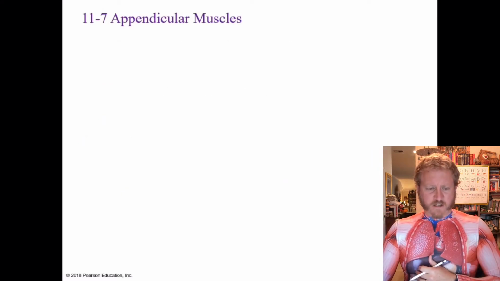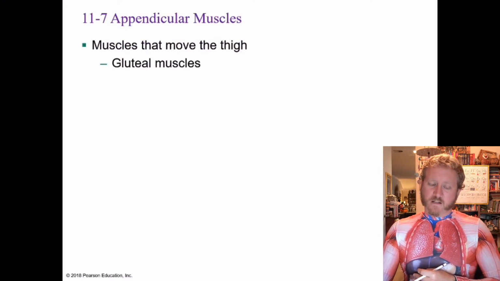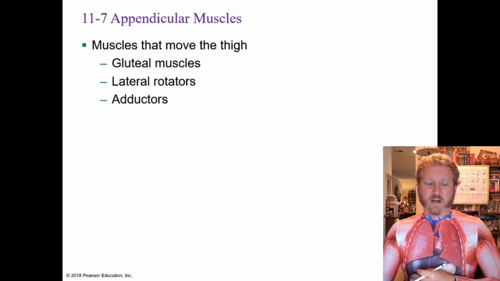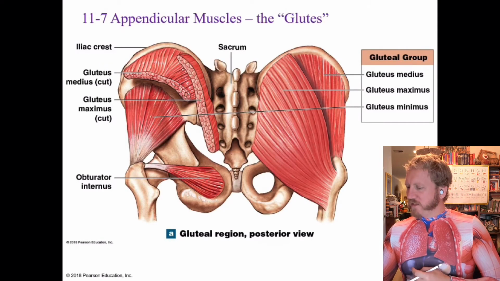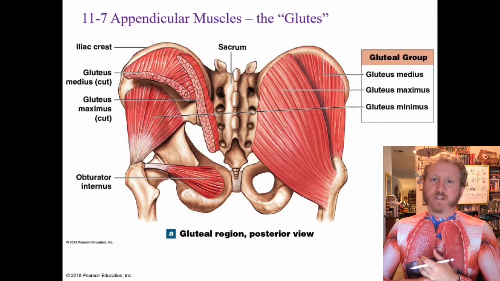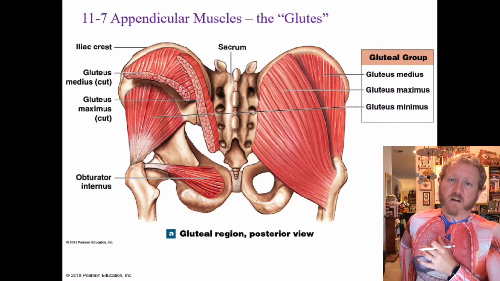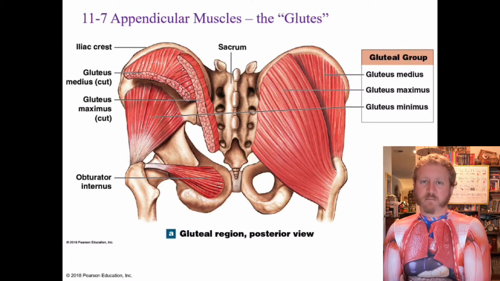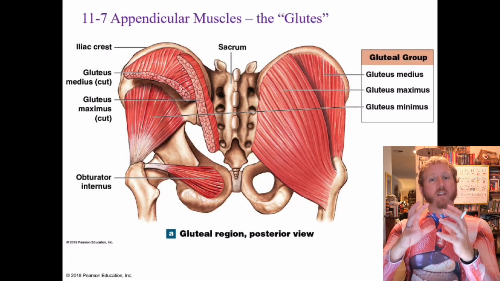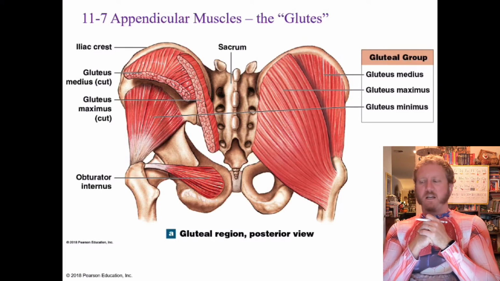So let's look at some of the actual muscles real quick. The muscles that move the thigh include the gluteal muscles, the lateral rotators, the adductors, and the iliopsoas. Starting with the glutes, these are the muscles that are basically going to make up your behind. We've got the gluteus maximus. That's the big one that makes the shape of the behind.